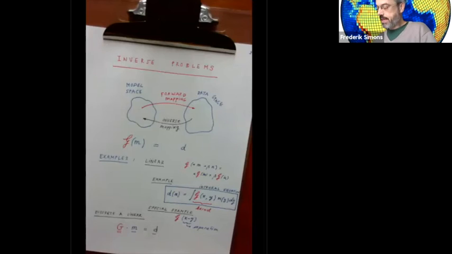M is the truthful existing population, the model space, that thing that I want to obtain. G is how I see it. In this particular case, I've discretized my model space, the temperature in various rooms. G is how I sample it with my thermometer. And D is the data that it produced.